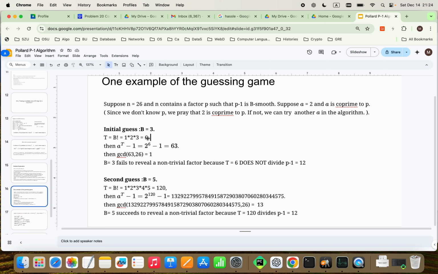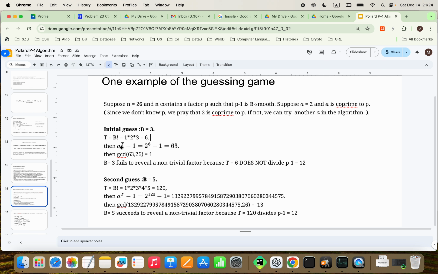So 6 is not a multiple of 12. So then this 18 minus 1 doesn't include 13 in it. 13 is a prime factor. Because t is not a multiple of p minus 1.